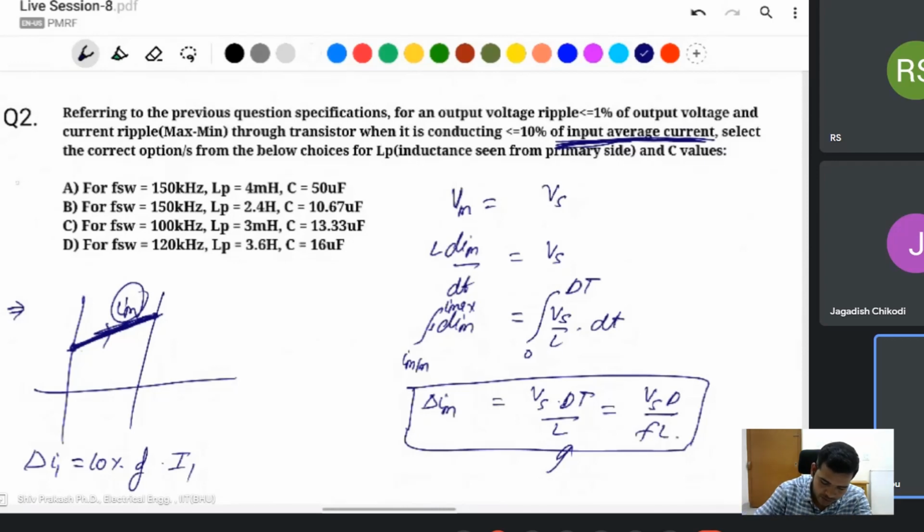I calculated this one: Vs is 150 volt and V output is 50 volt, so D equals 0.4 (V output over Vs is 2... D equal to 0.4). R is given as 10 ohm, then I output is 5 ampere.